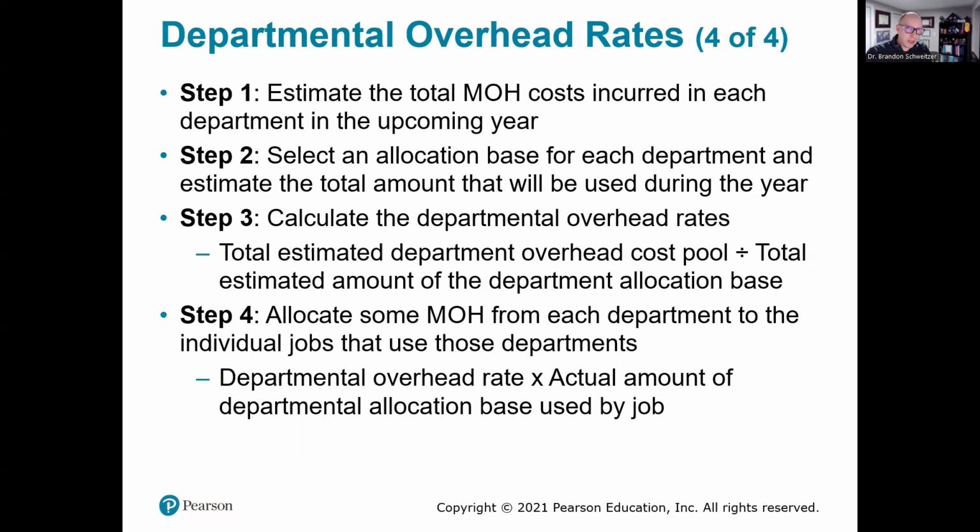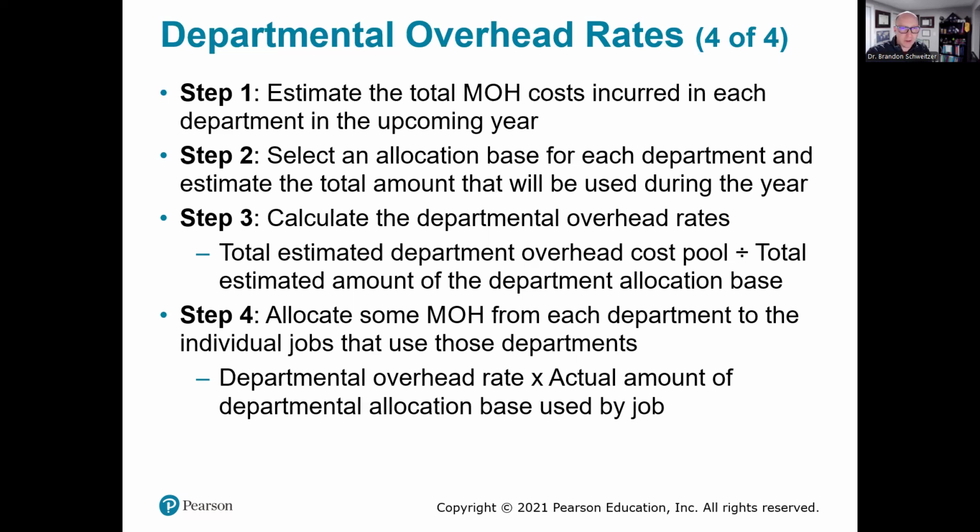Step three is we're going to calculate the department overhead rate. To do that, we're going to take the total estimated department overhead cost pool that we got from step one, and we're going to divide that by the total estimated amount of department allocation base that we got from step two. And that'll give us the department overhead rate.